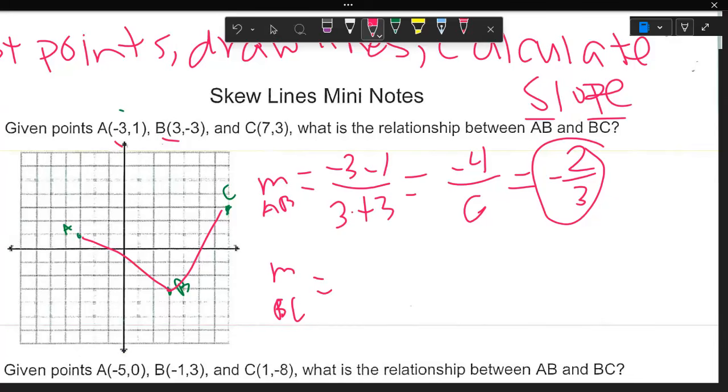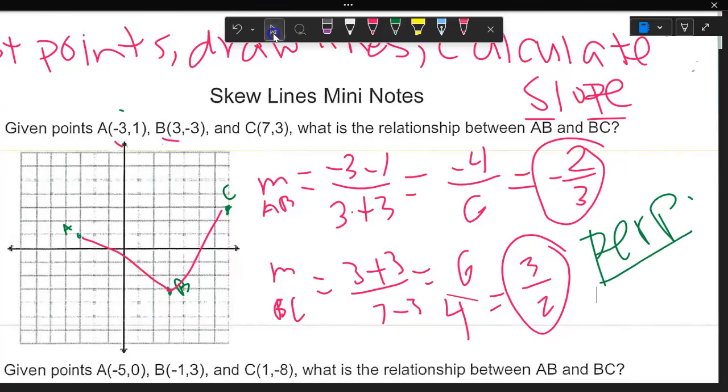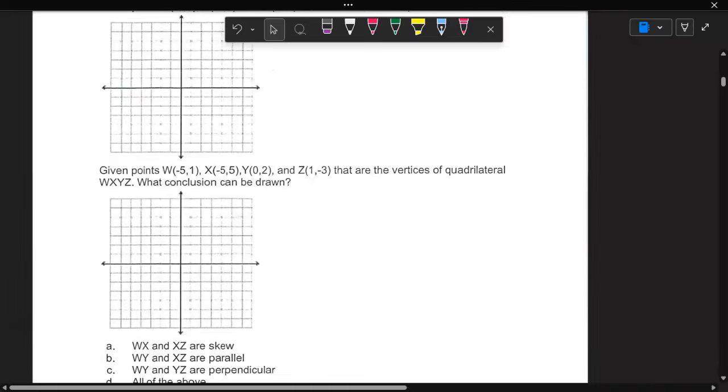So between B and C, what is our relationship? 7 minus -3 is 10 over 3 minus 3... so 3 over 2. Look at these two slopes. What kind of slopes are these? They're perpendicular. All right. So go ahead and continue this side as well.